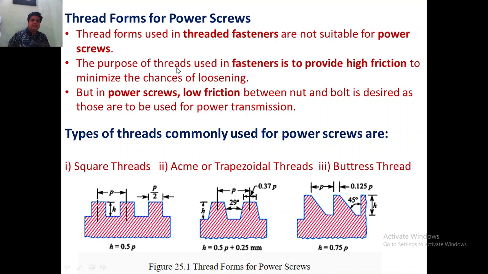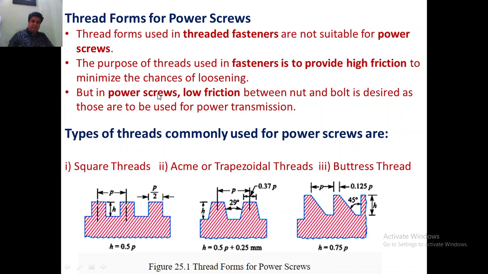The purpose of the threads in fasteners is to provide high friction, to minimize the chances of loosening. As I told you in the previous session, the operation of power screws compared to threaded fasteners is different. There you have to minimize the chances of loosening, because we are clamping together two different components using nuts, bolts and screws.